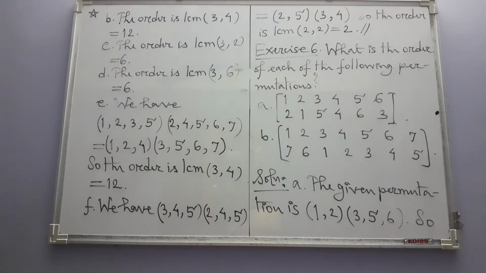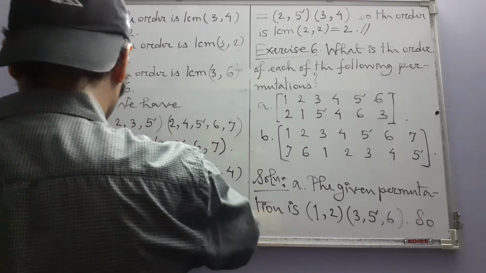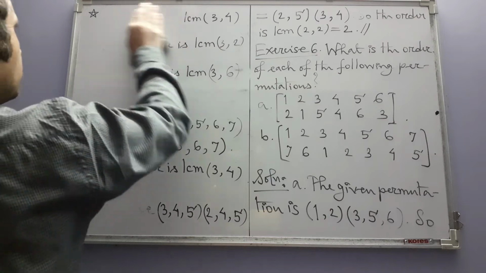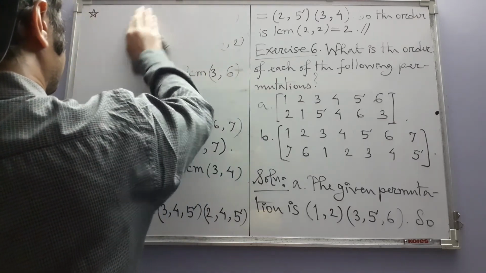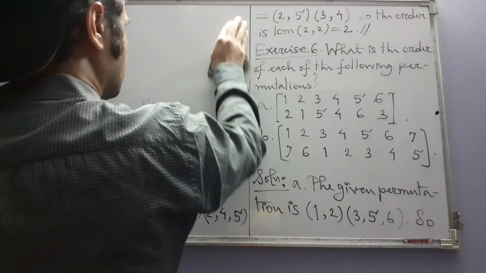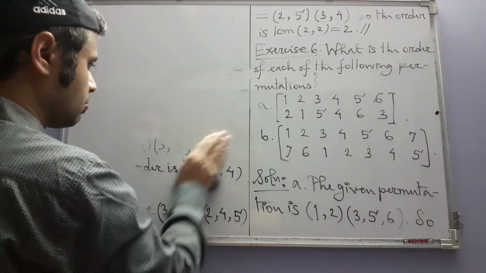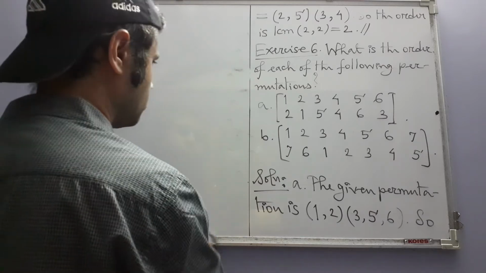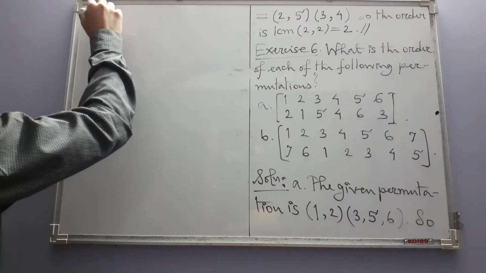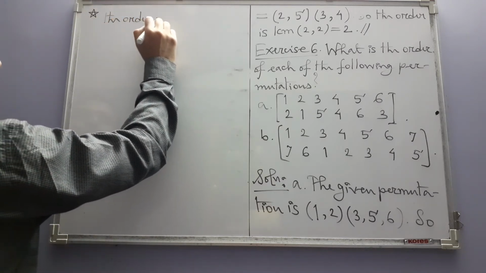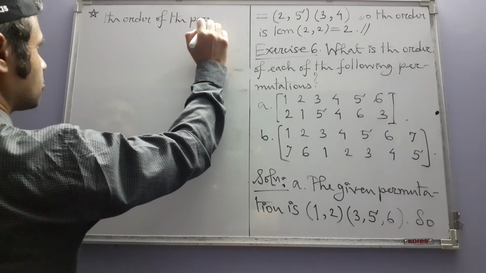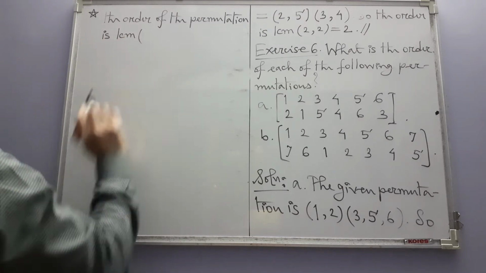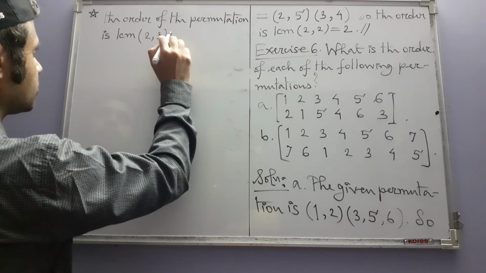So the order of the permutation is LCM of 2 and 3, that is 6.